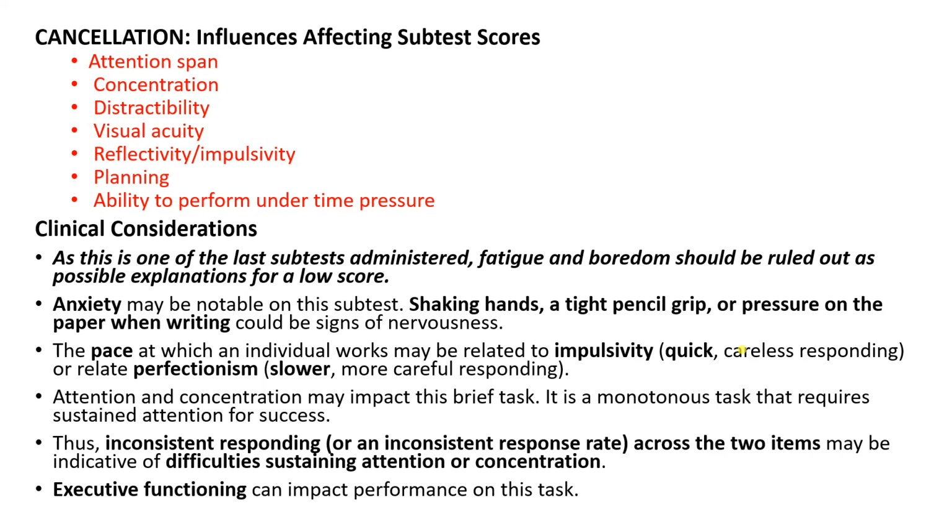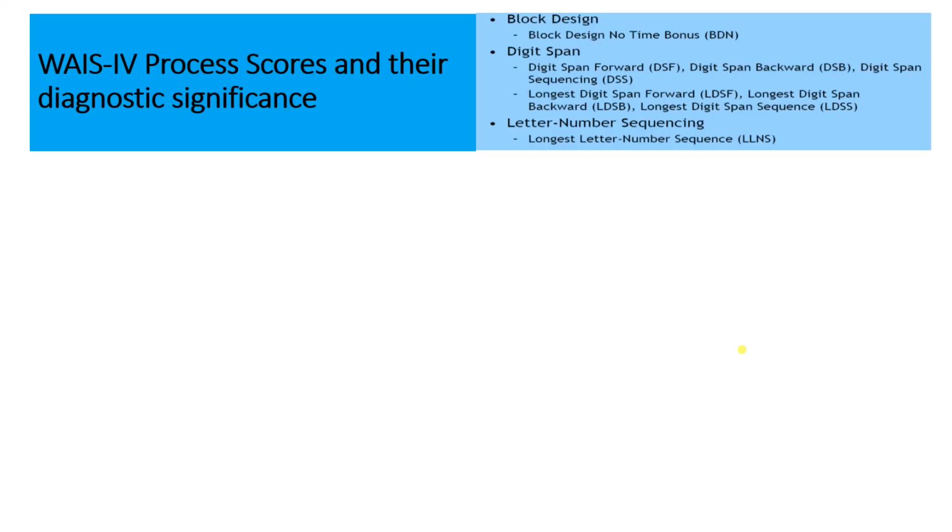Similarly, impaired executive functioning may also lower the task performance on this test. So, cancellation is the last test of this scale, which is called the processing speed scale or the processing speed index. Now, before ending, I will discuss the process scores.